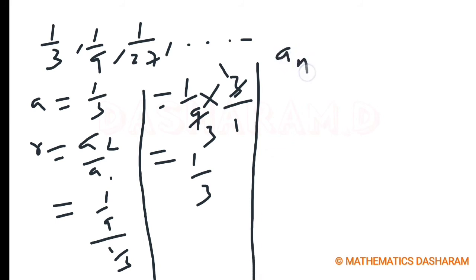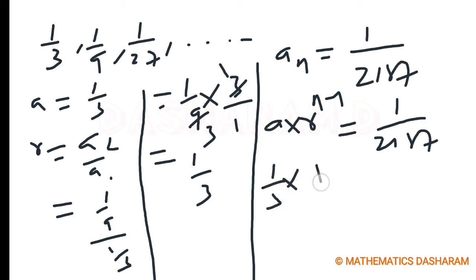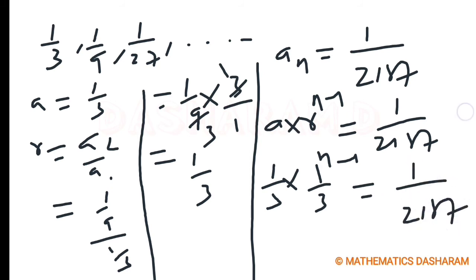Now let's equate the nth term a_n equals 1 by 2187. But the a_n formula is a into r to the power of n minus 1 equals 1 by 2187. So the a value is 1 by 3 and the r value is also 1 by 3, whole power n minus 1 equals 1 by 2187.